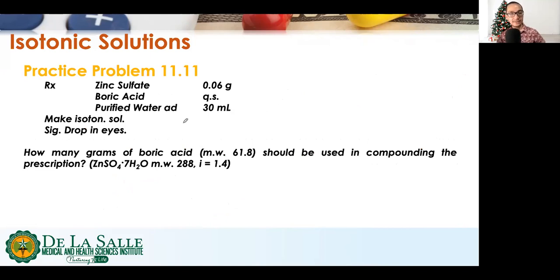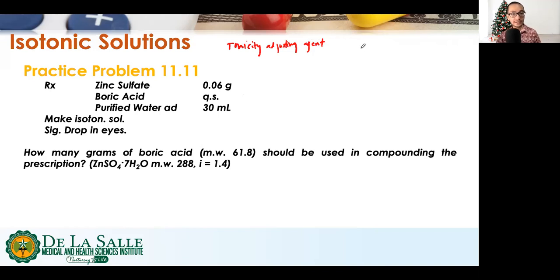And so let's have another example. Now, there are some cases where sodium chloride cannot be used as a tonicity adjusting agent. What are these occasions?